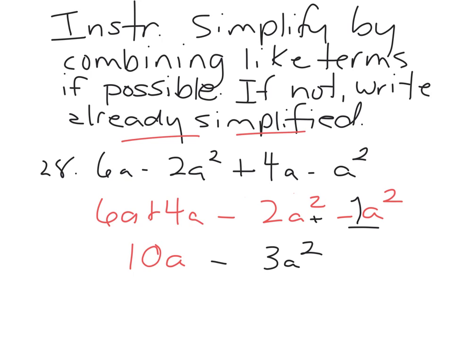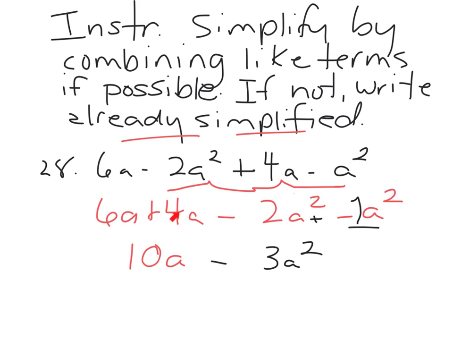Number 28 is an example here. We had 6a minus 2a squared plus 4a squared minus a squared. And you can see that we combine the like terms, 6a plus the 4a, and negative 2a squared plus a squared. I just added the 1 there so you would remember that that's a 1. Then we continue.